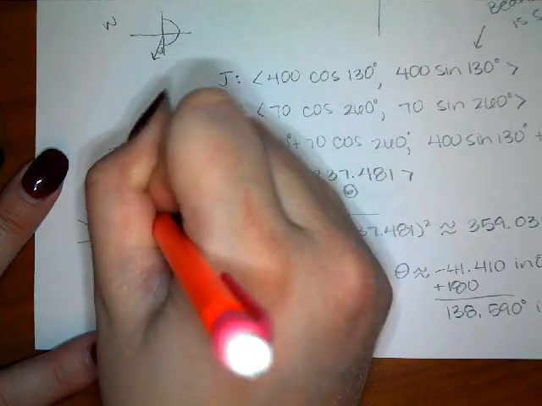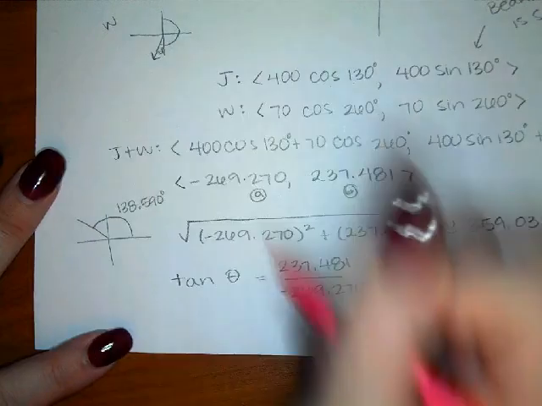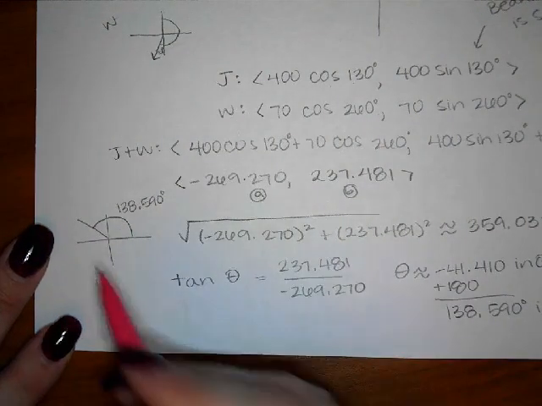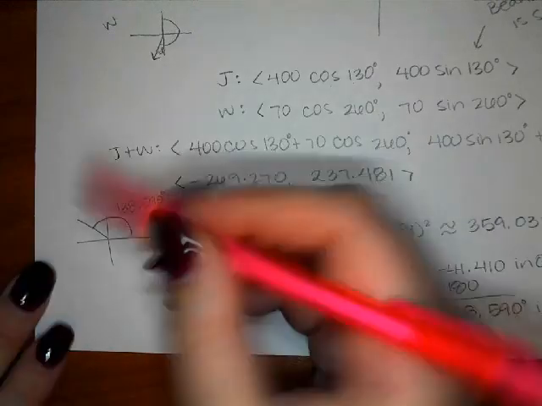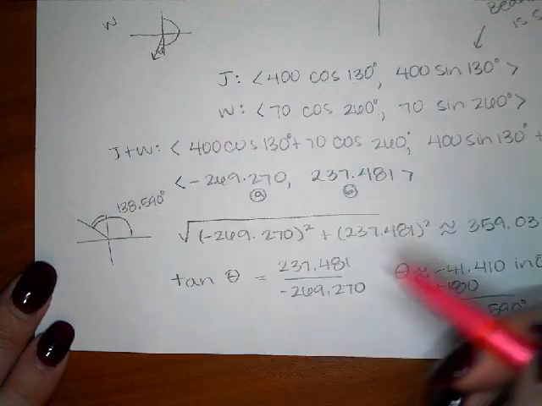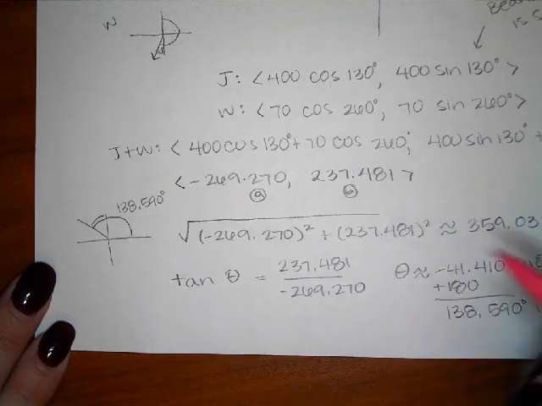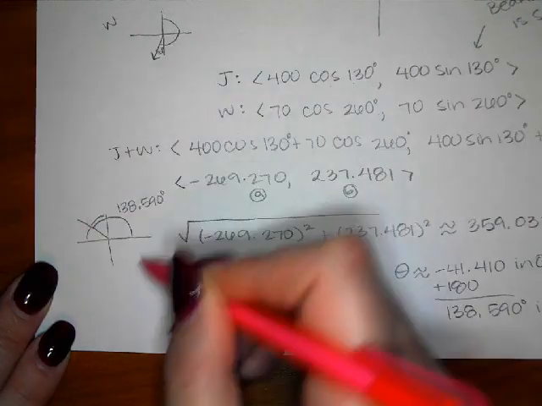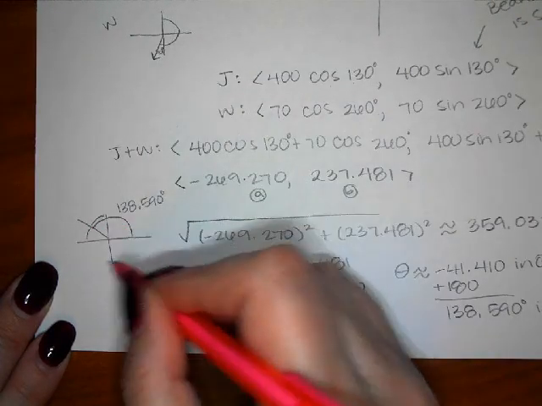That's one option. I could figure out how much this is and add it to 270. So there's always a few different ways you could get your answer and convert it to bearing. I'm going to go ahead and do the route where I figure out this little bit and subtract that number from a full circle.